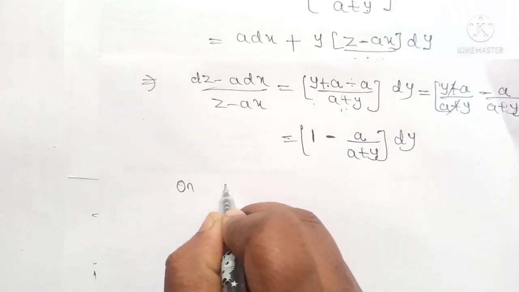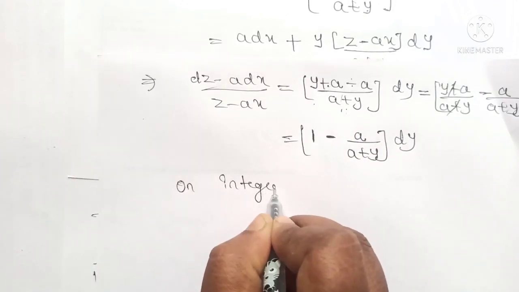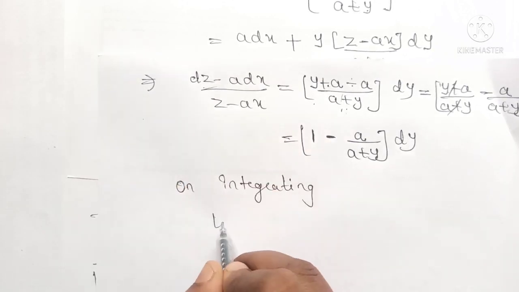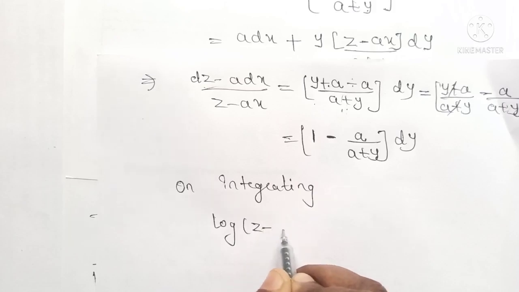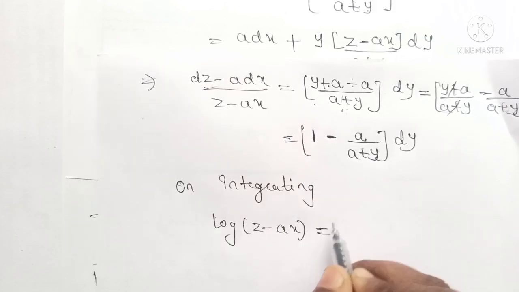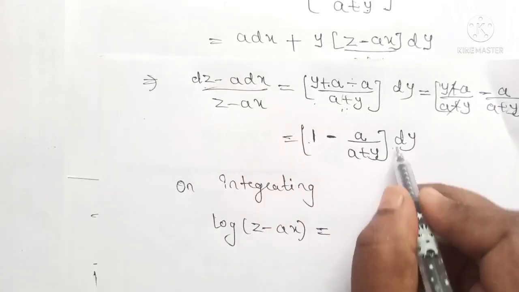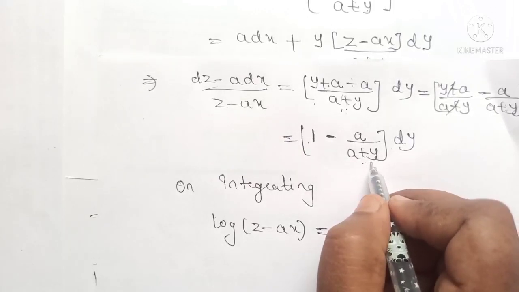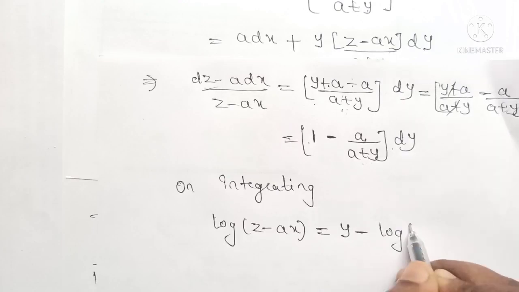Now on integrating, we get log of z minus ax equals y minus a log of a plus y.